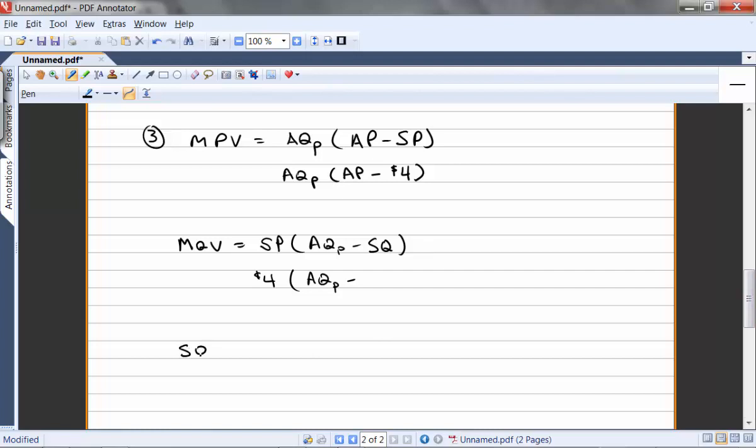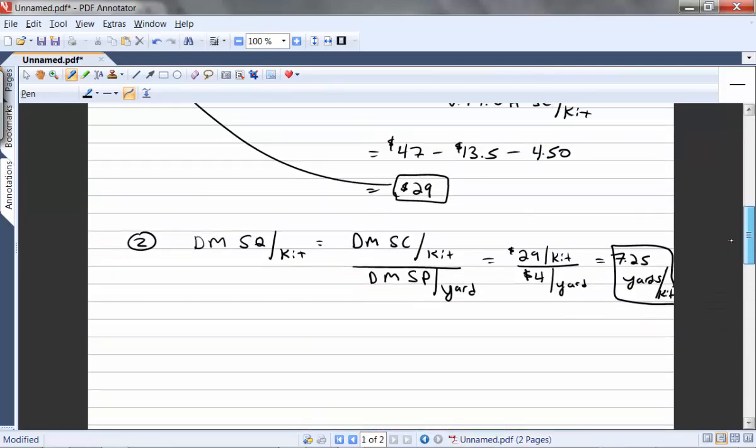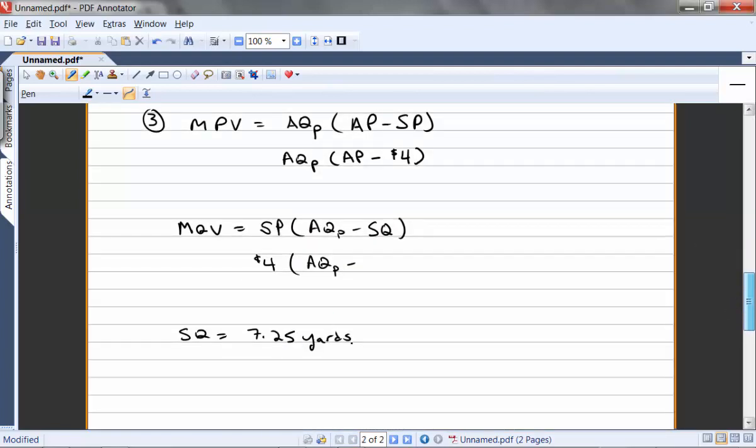So the standard quantity is equal to, for each kit, we should have used 7.25 yards. We solved for that earlier, right up here. For each kit, we should have used 7.25 yards, and we produced 400 kits this month.